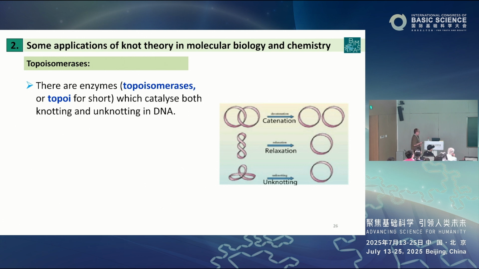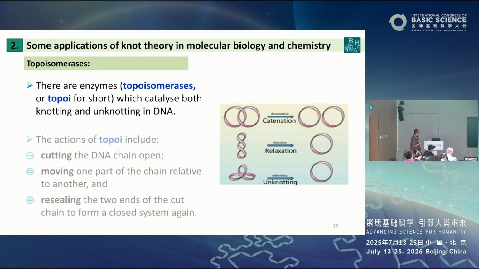There are some enzymes, also called topoisomerases. It's hard to pronounce, so I simply call them topoi for short, which catalyze both knotting and unknotting of DNA.